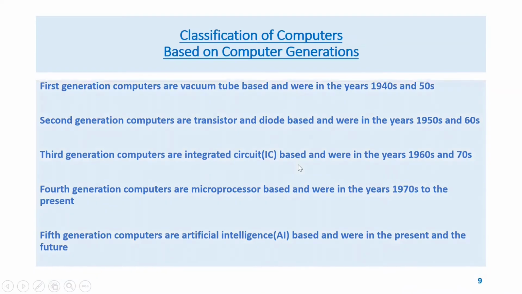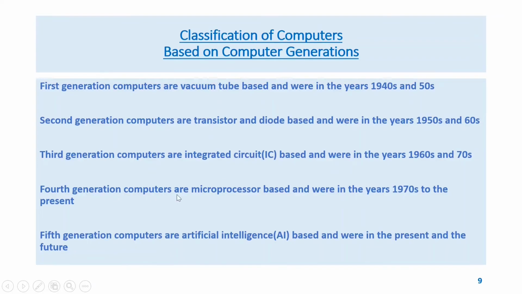First generation of computers are vacuum tube based and were in the years 1940s and 1950s. The second generation of computers are transistor and diode based and were in the years 1950s and 1960s. Third generation of computers are integrated circuit based, that's IC based, and were in the years 1960s and 70s.